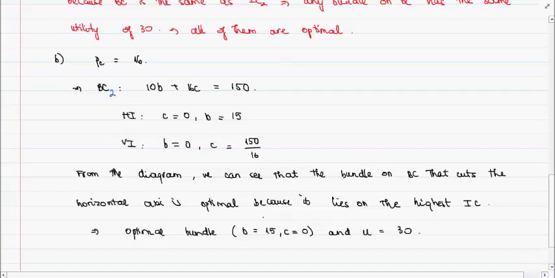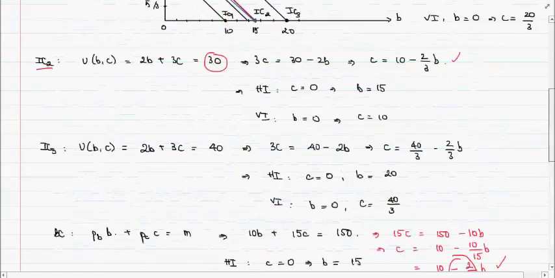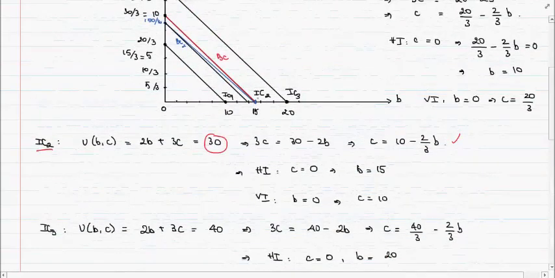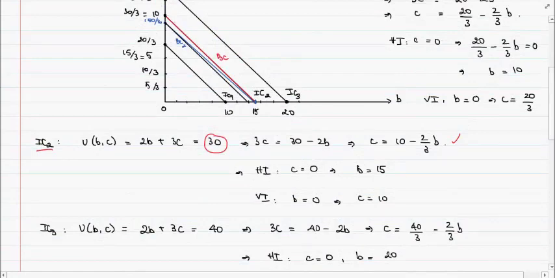If you substitute this value of the optimal bundle into the utility function, it is equal to 30, and we know from the diagram that because it lies on indifference curve 2, which is the line over here, that is why it has a utility level of 30.